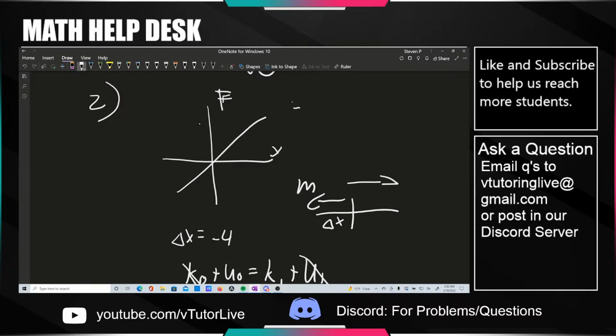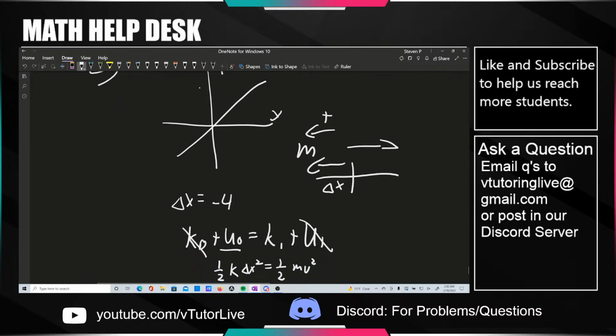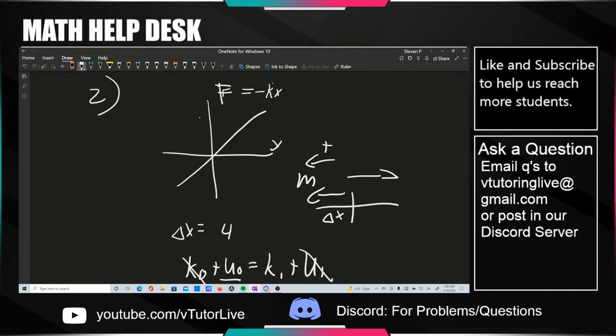And remember, F is equal to minus kx. Oh, look at them. It's kind of silly. They're considering the left direction to be positive and the right direction to be negative. It's very funny. But I digress. It doesn't matter because these values are squared anyways, so the signs don't matter.